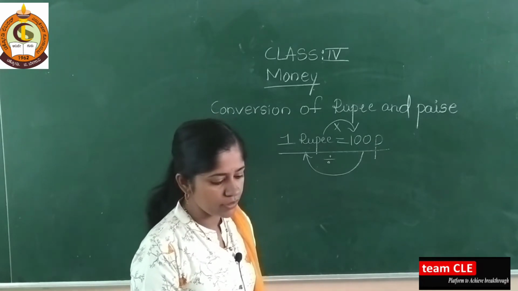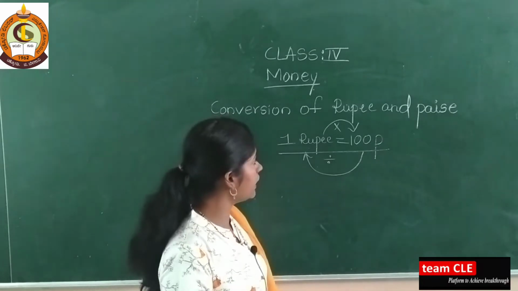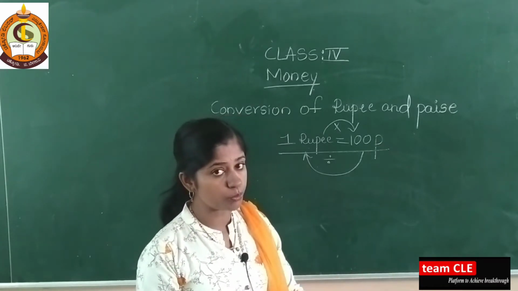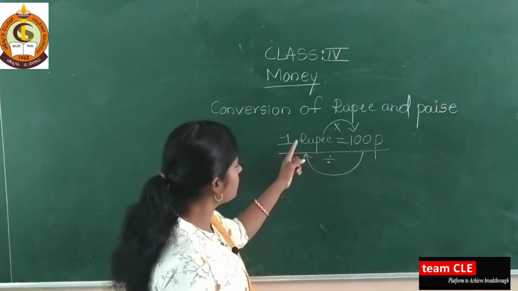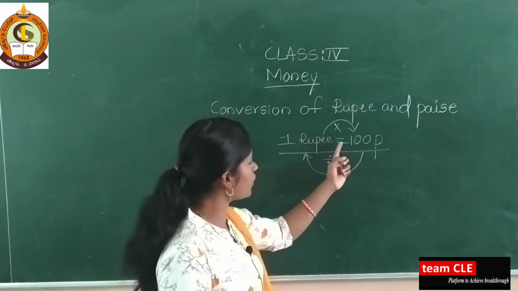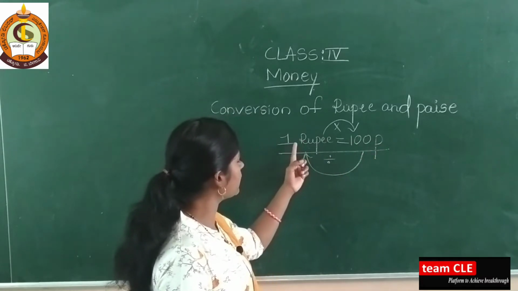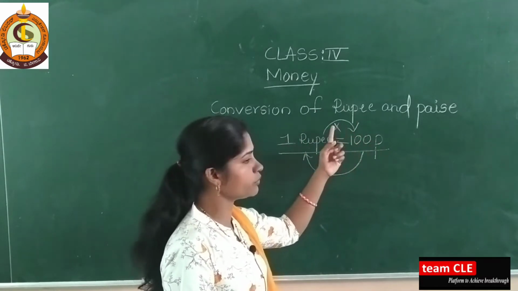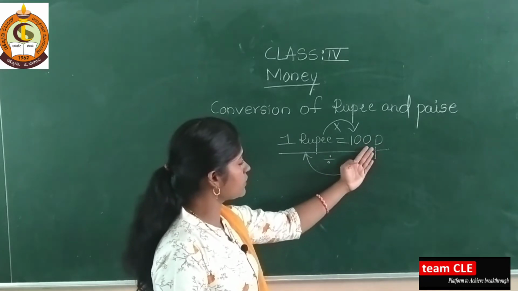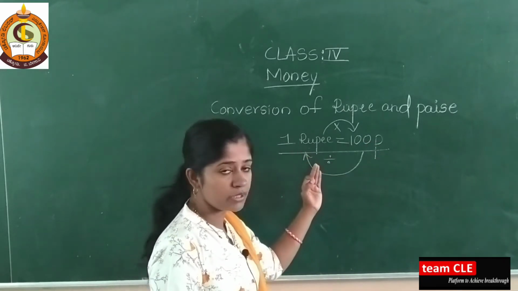Okay, so here first we will learn converting rupees to paise. Converting rupees to paise means bigger unit to smaller unit. If you know this, 1 rupee is equal to 100 paise. When we are converting bigger unit to smaller unit, you need to multiply, and when you are converting smaller unit to bigger unit, division.